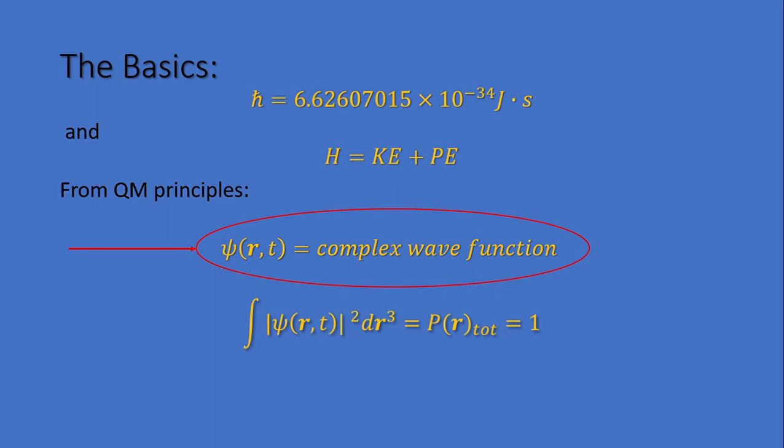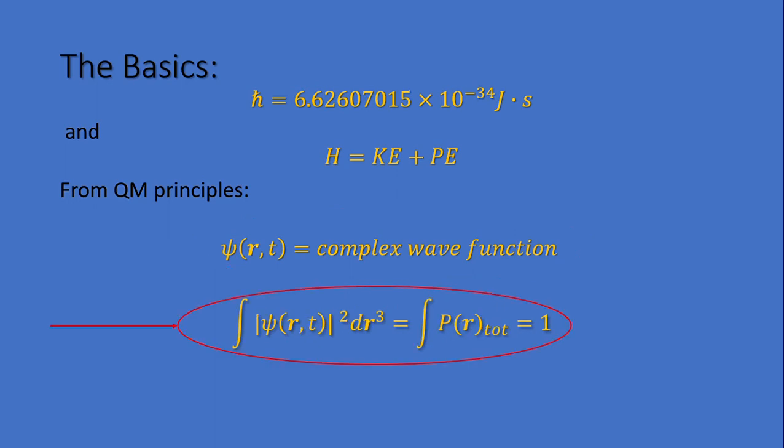What's the interpretation of this wave function? Well, we know from quantum mechanics that the wave function squared represents the probability of finding the particle somewhere in space. There's a principle known as the Born principle, which says that if you integrate the square of the wave function over all of space, that is equivalent to integrating the probability of finding the particle over all of space.